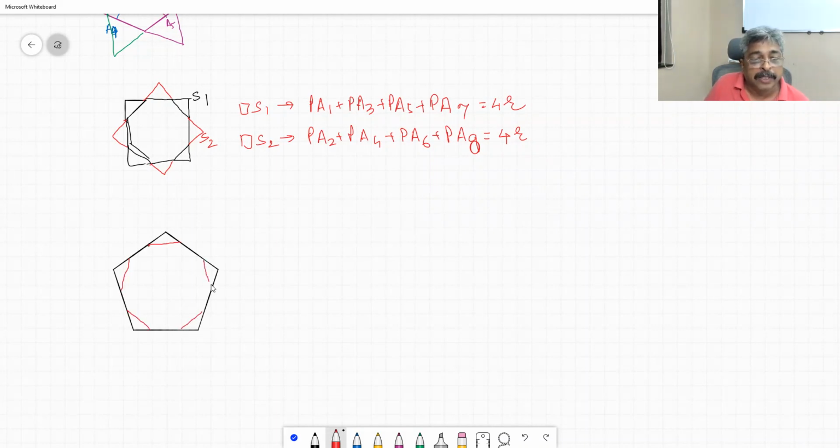What I have done is taken the 10-sided regular polygon, the red one, and extended the alternate corners to get a regular pentagon. I can call this pentagon P1, and another orientation of the regular pentagon is going to be this. Both of them will be congruent pentagons, and the distances are going to be the same.